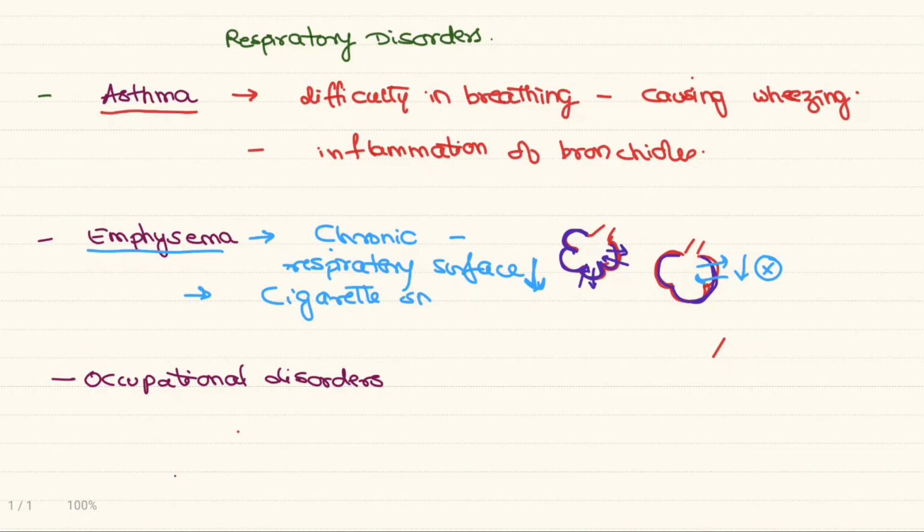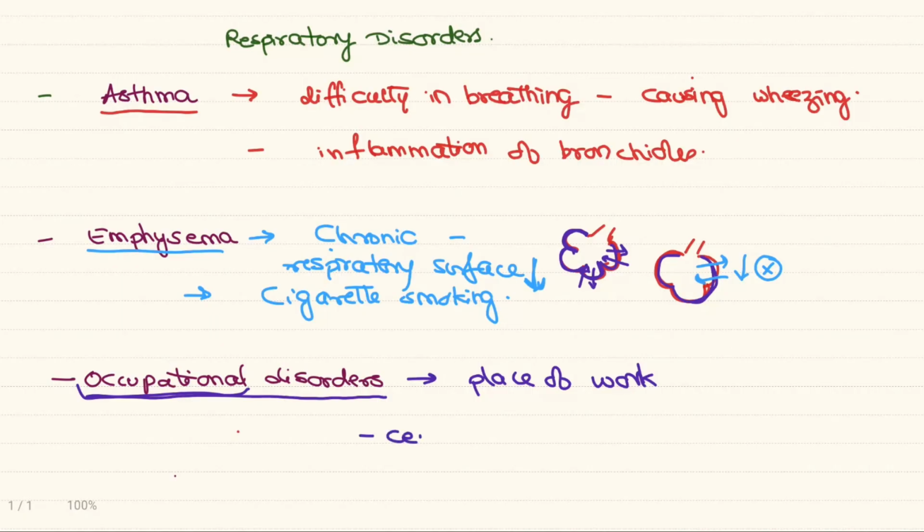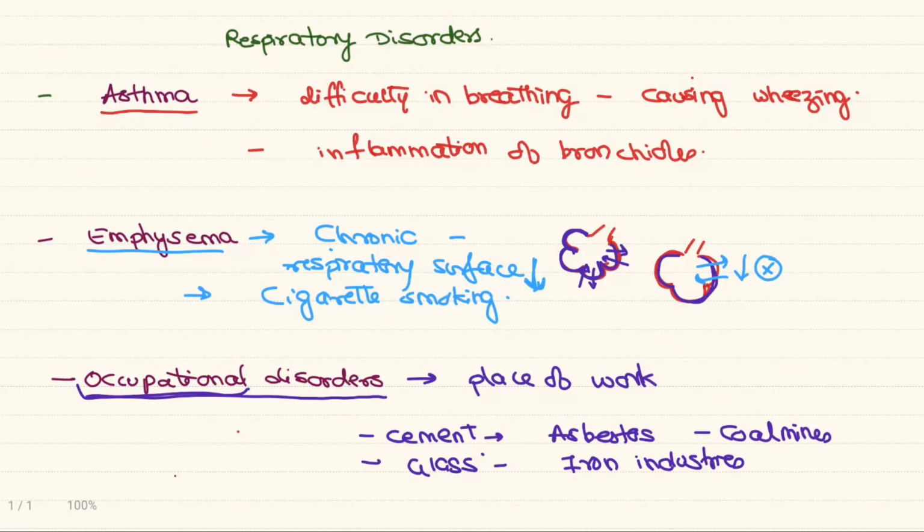Now let's come to the third one called occupational disorders. As the name says, these are occupational. These are caused based upon the place of work. For example, if a worker is working in a cement factory, daily he inhales a lot of cement particles. Similarly, people who work in the glass industry, asbestos, fly ash, iron industries, and also the people who work in the coal mines, daily inhale this fine dust.